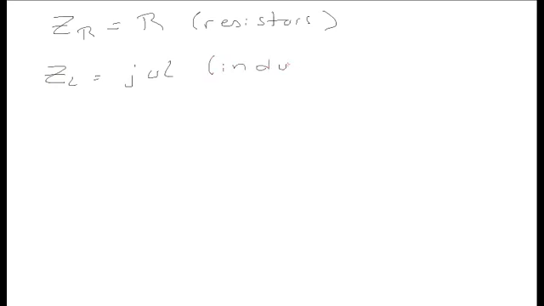So, we've so far derived two impedances. ZR is equal to just the resistor value. ZL is j, or i if you prefer, omega L. And that's for an inductor.